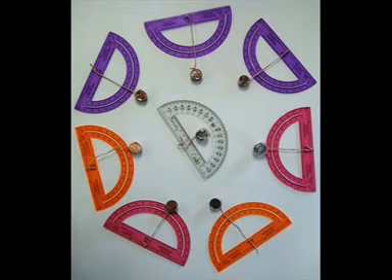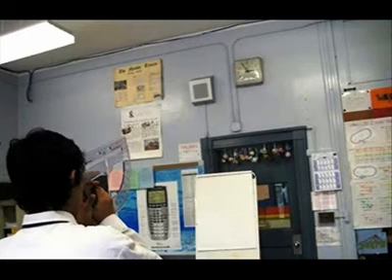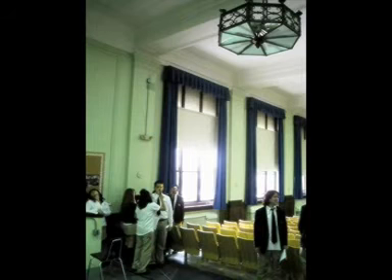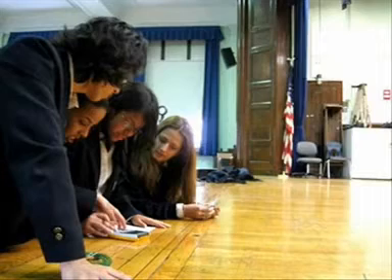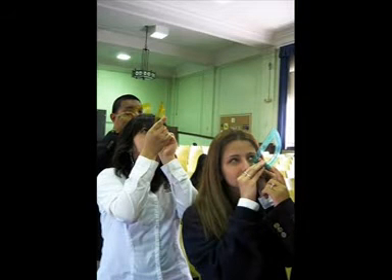This is all we need on the paper, and then we go out of the classroom. They look everywhere they can see: the auditorium and the staging, and look for the height they want to know.